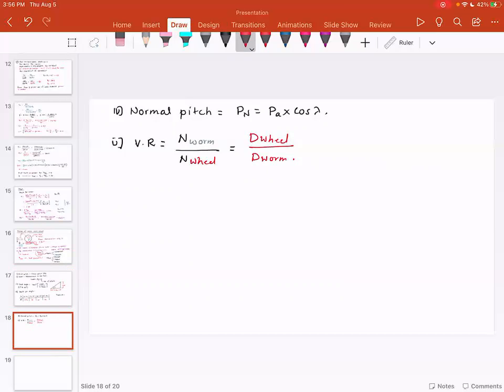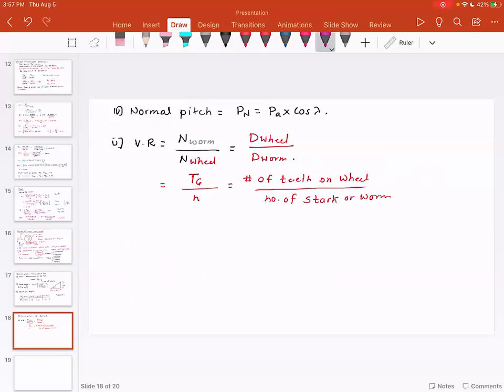This is an important relationship, and I'm not going to derive it, but that gives you TG divided by N, which is number of teeth on wheel divided by number of starts on worm. This is an important relationship that we should keep in mind.